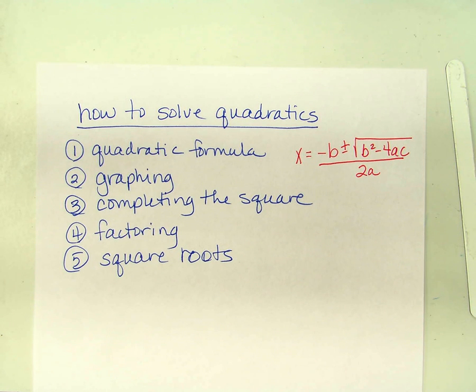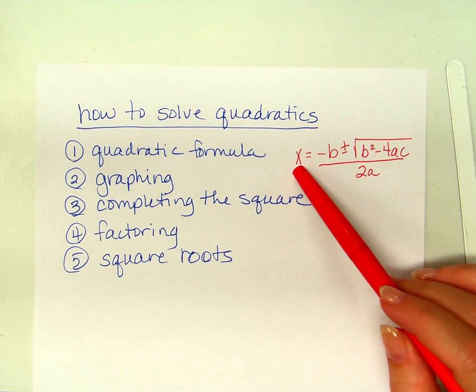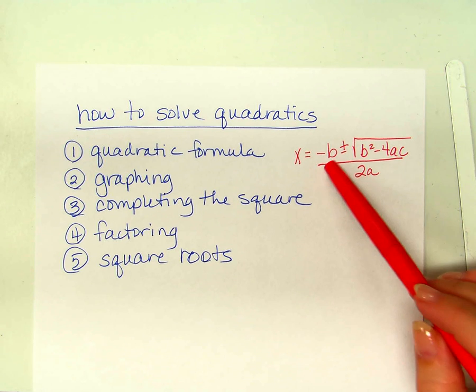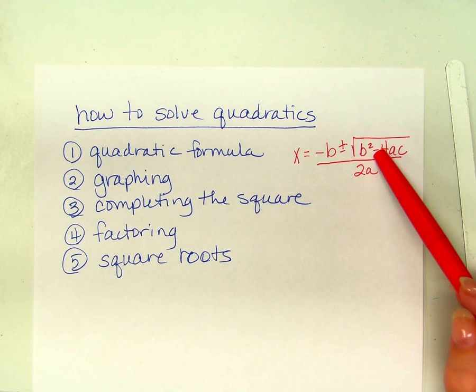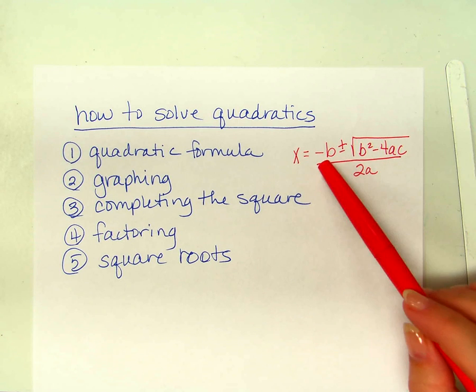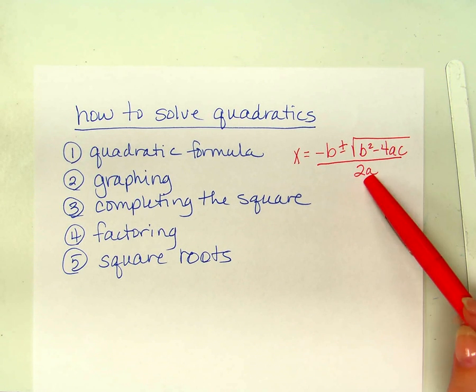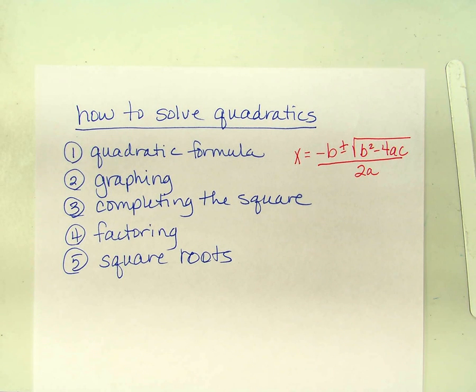Now, I didn't hear very many of you singing very loud. So I'm going to try it again. Ready? X equals -b plus or minus the square root of b squared minus 4ac all over 2a. That was so amazing. Good job.